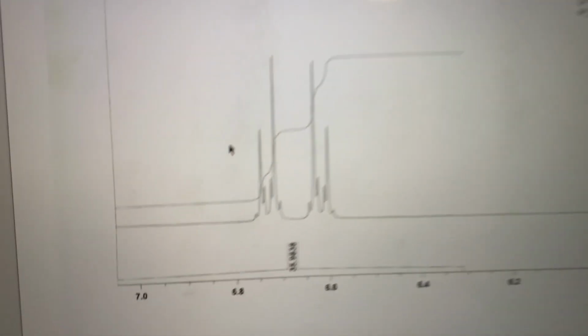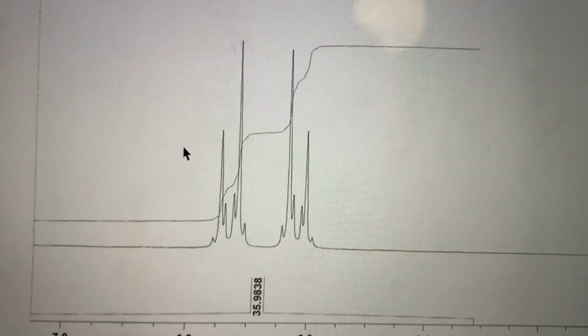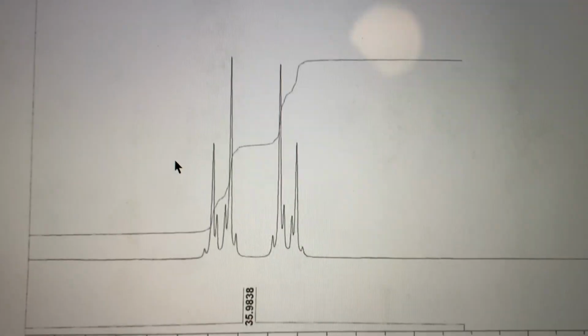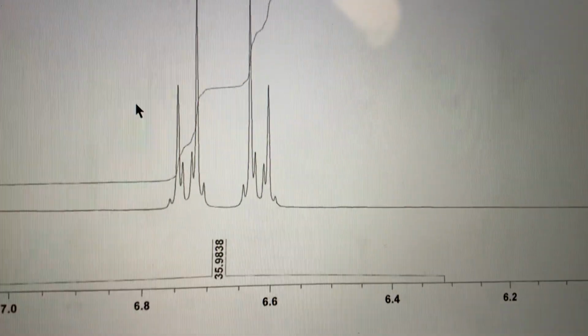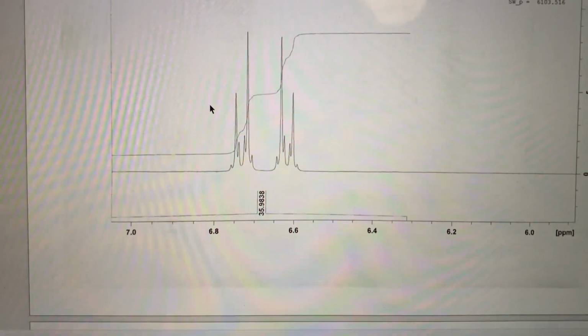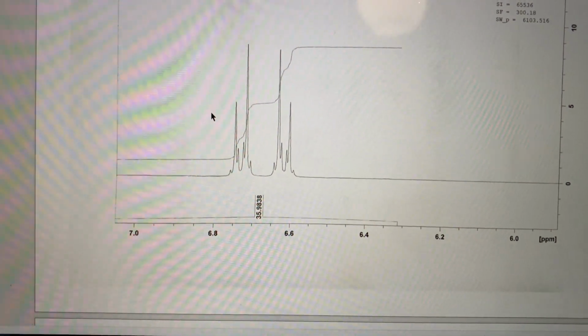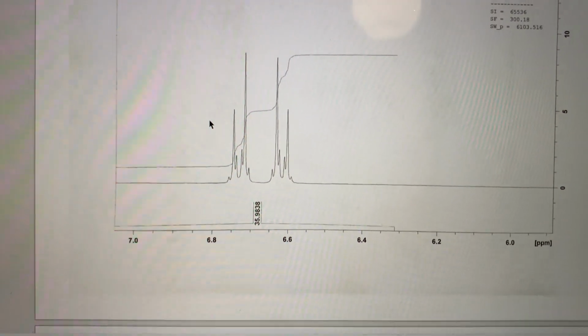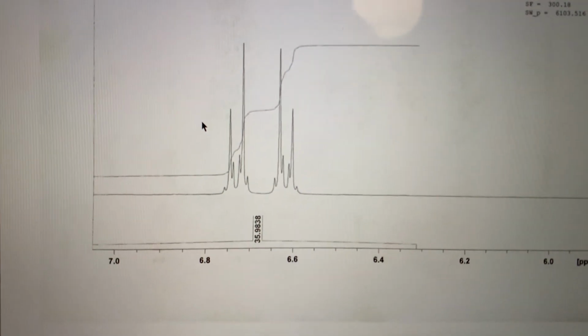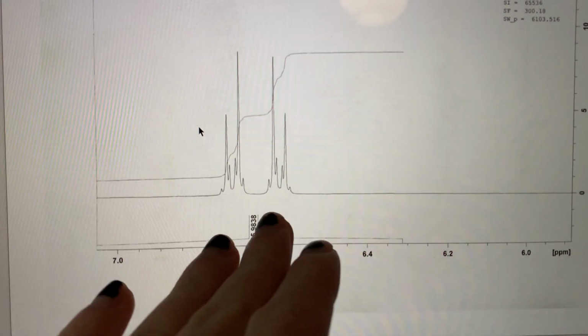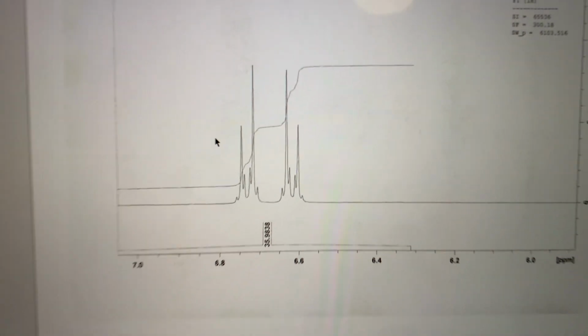And although there is a lot of complex splitting occurring in these 2 peaks, ultimately it is 2 peaks. And the way I knew this is because I already knew there was going to be an aromatic ring in my compound from the IR, and so this is in the correct location to be the hydrogens of the aromatic ring.